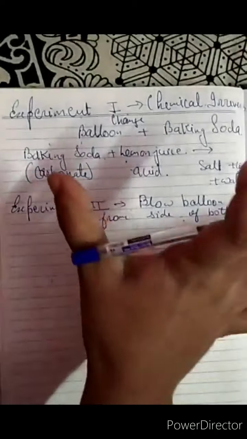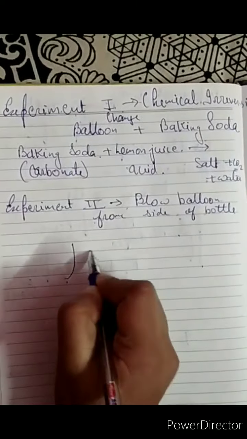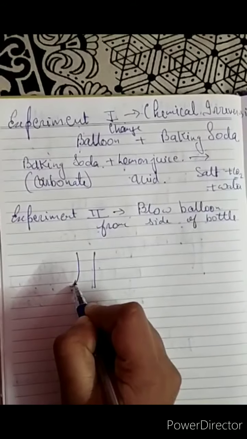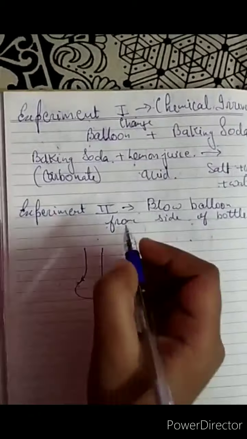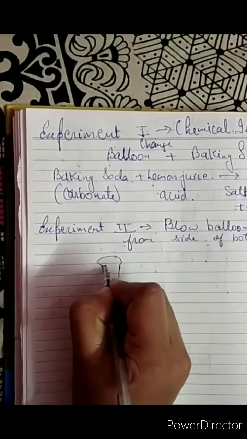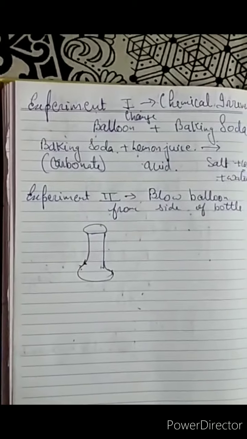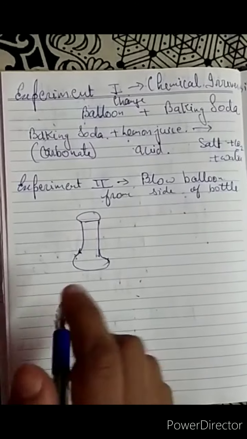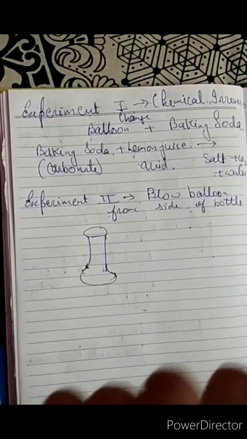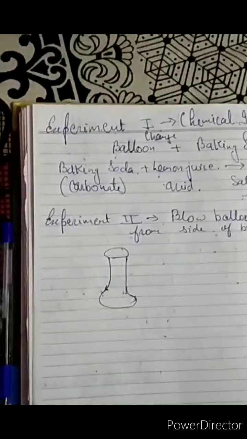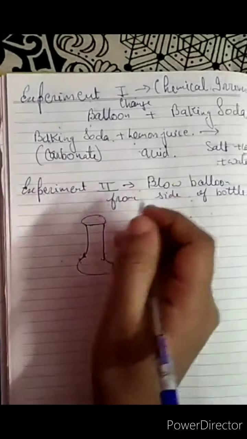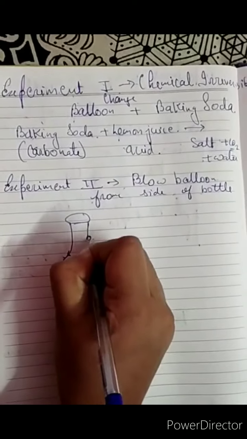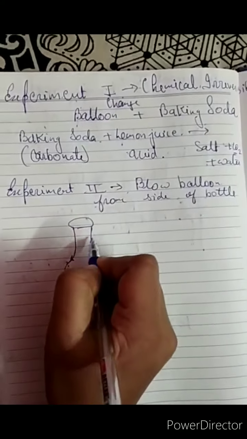Okay, in this what I did, this was my bottle, and cap, right? What I did first, I just heated my nail and pierced one hole in it on the side of the bottle.